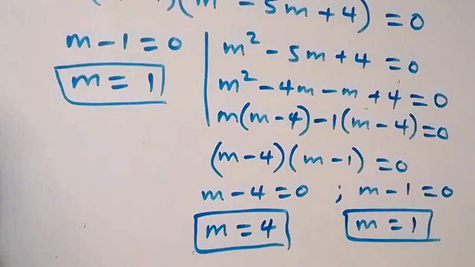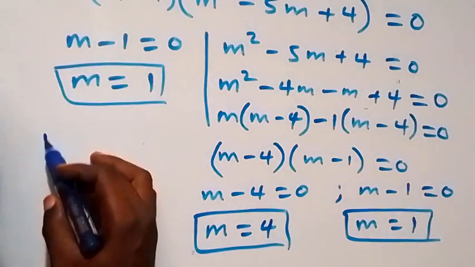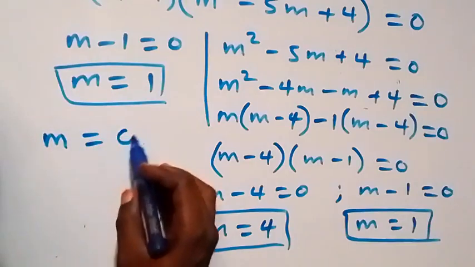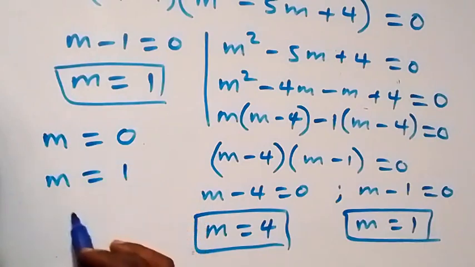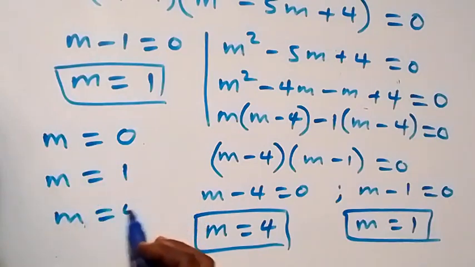So we have m equals 1 twice. Now the possible solutions, let's put it like that: we have m equals 0, and we have m equals 1, or m equals 4. Now these are the three possible solutions.